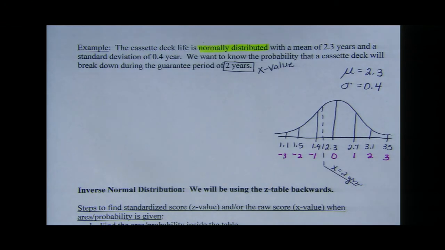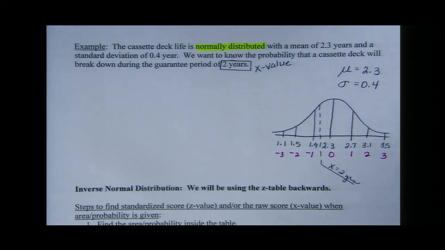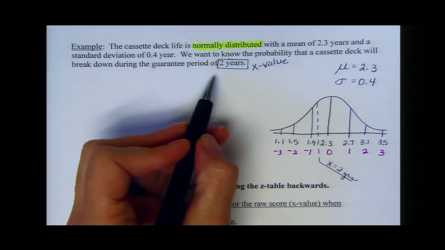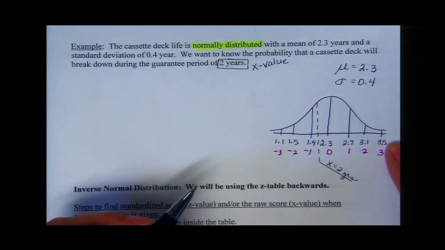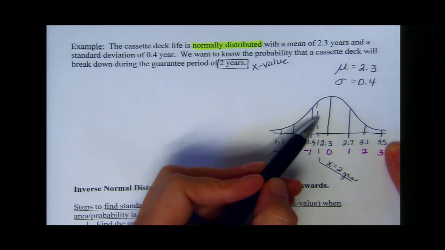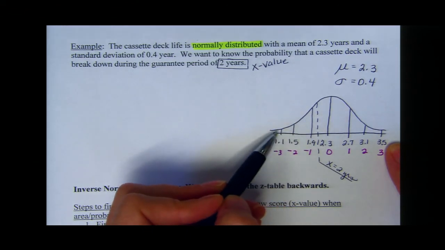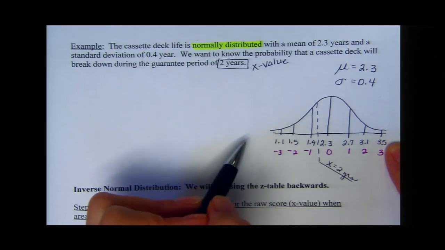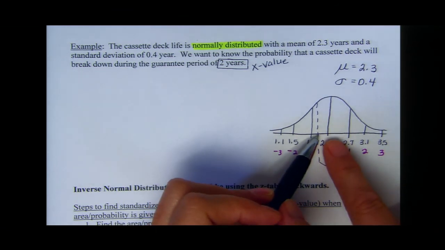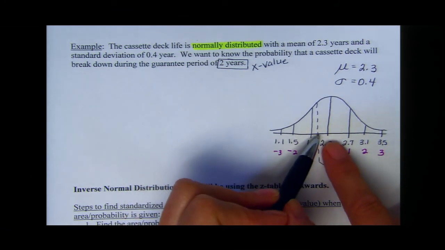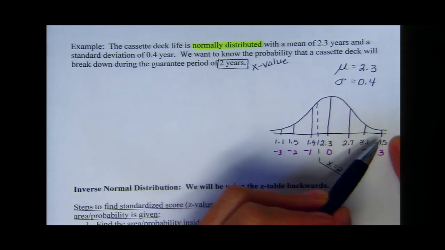Now, what we need to figure out is a guaranteed period of 2 years. So when do they guarantee this cassette? Is it when we shade to the left? So when it breaks down from when you buy it up to 2 years? Or do they guarantee it not when you first buy it, but once you hit 2 years and as it gets older?